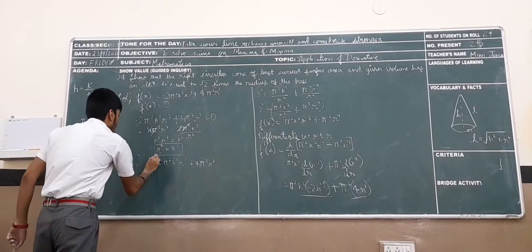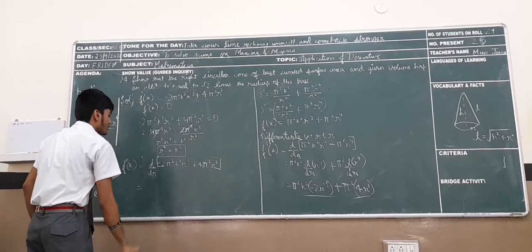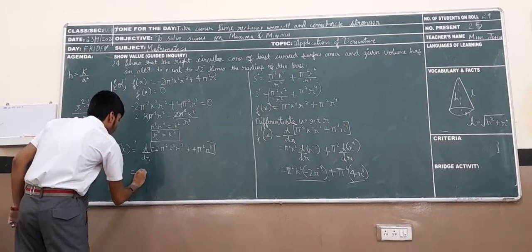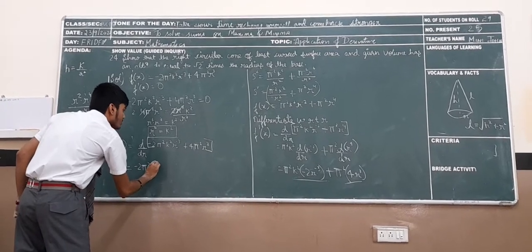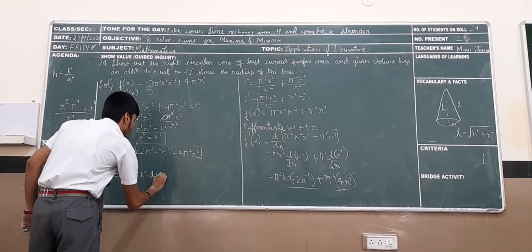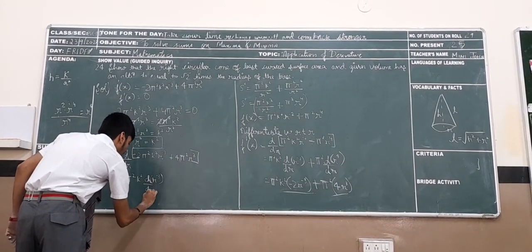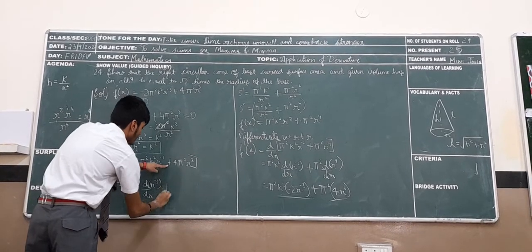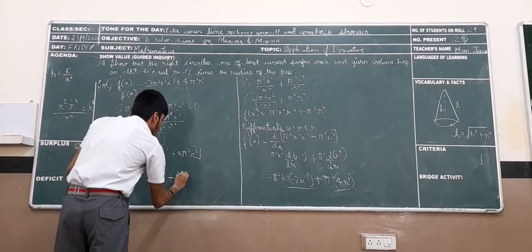Now we will differentiate this. So first, all constants will come out: 2π². Now differentiation of r to the power of minus 3 with respect to r, plus 4π is a constant, it will come out.